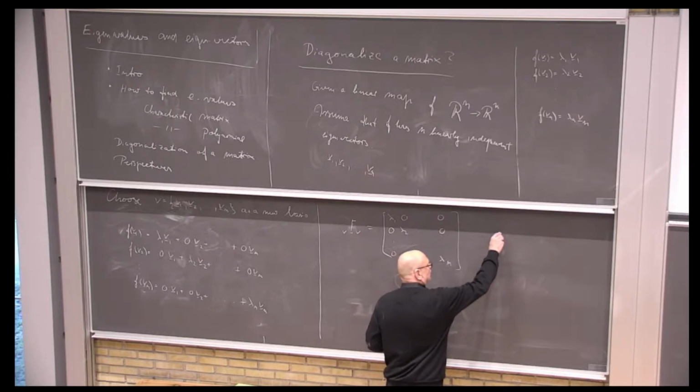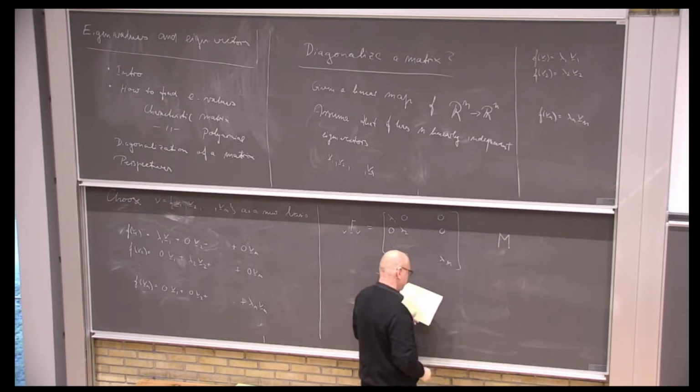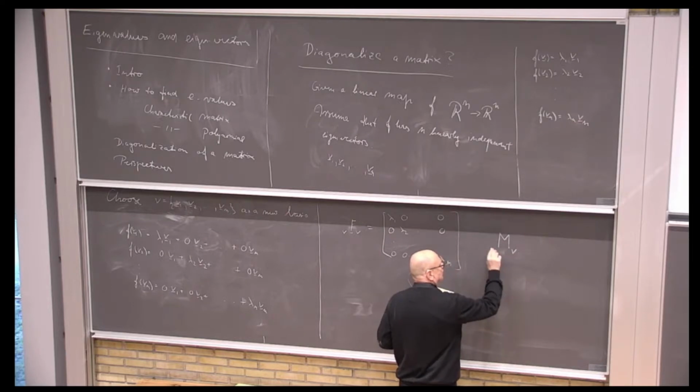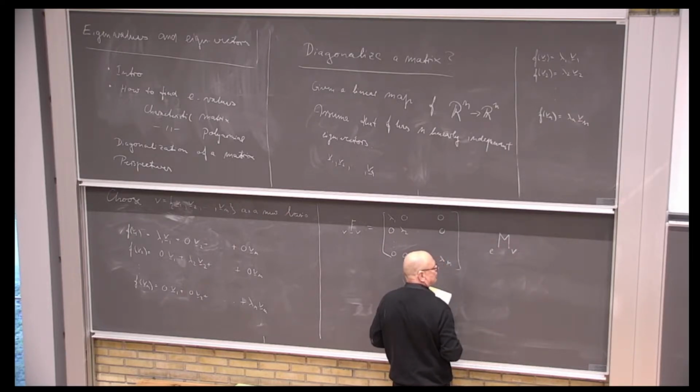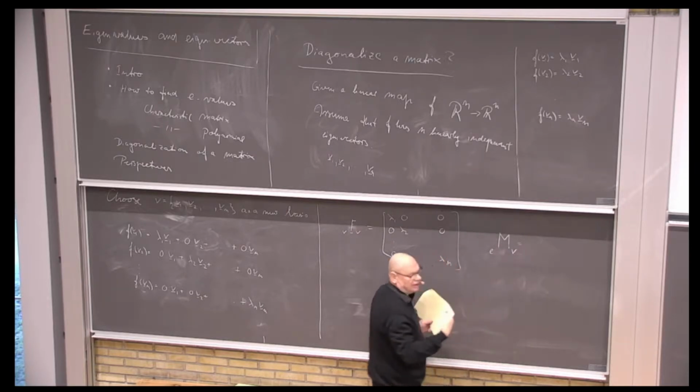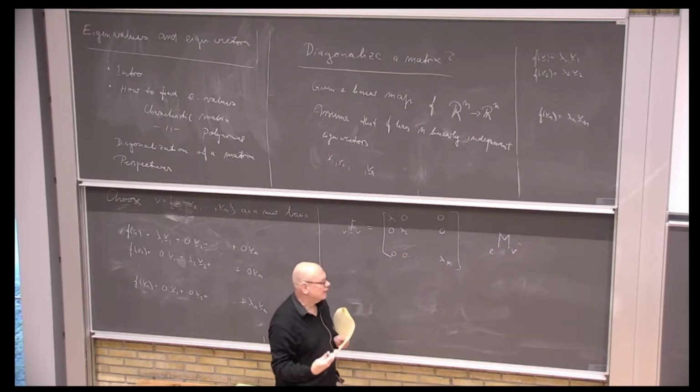So if I should change the base from V to E, this is the one I can most easily write down.